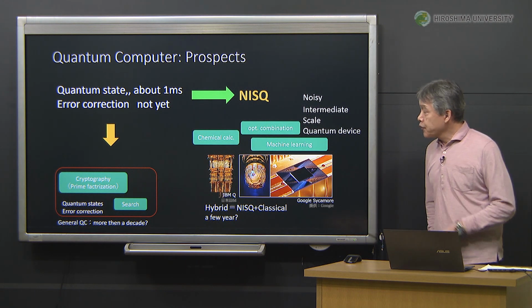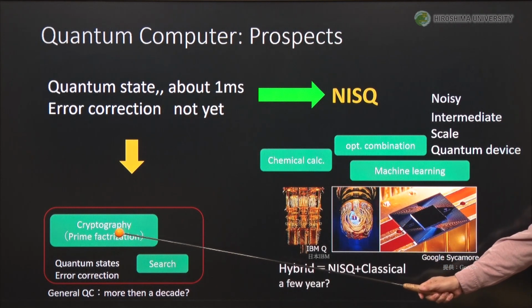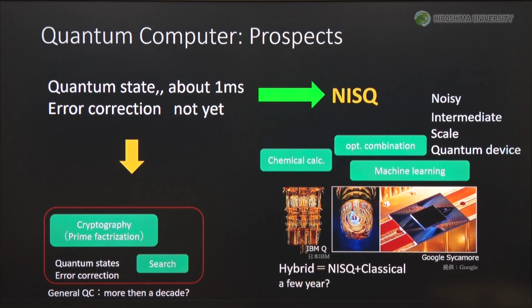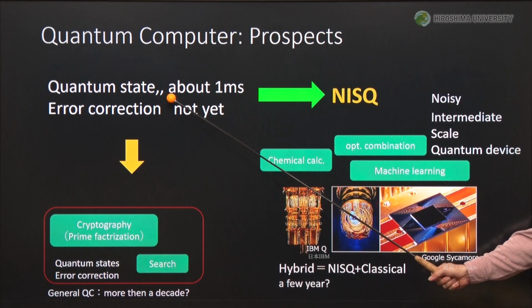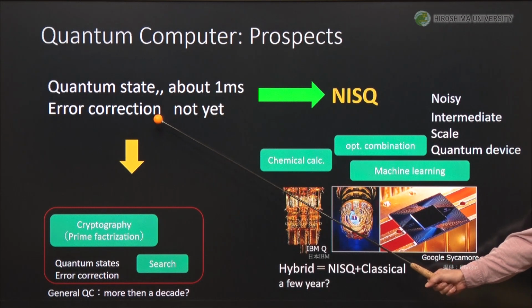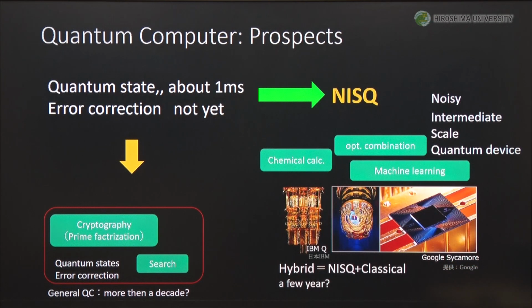Let's say the Shor's algorithm for the prime factorization. To make this work, we need a quantum computer with a long time of quantum state or quantum error correction. But it is not realized yet. And the current status is that the quantum computer is this NISQ system.